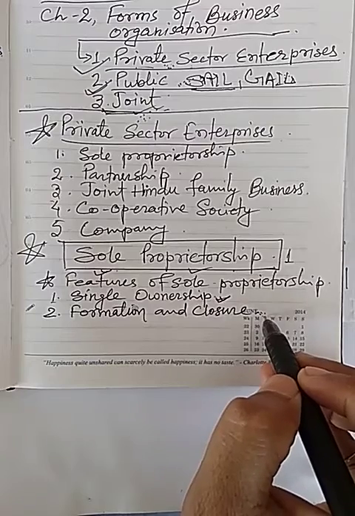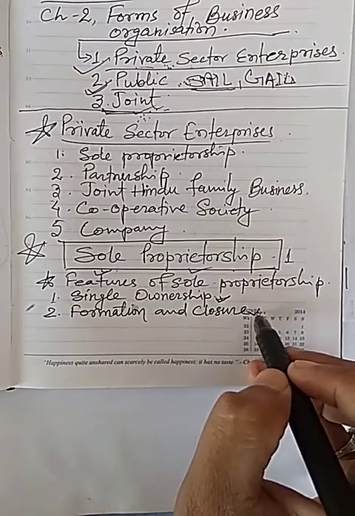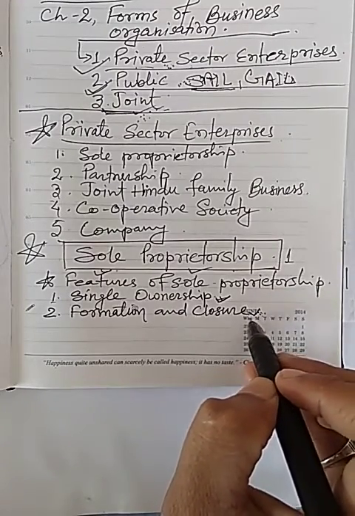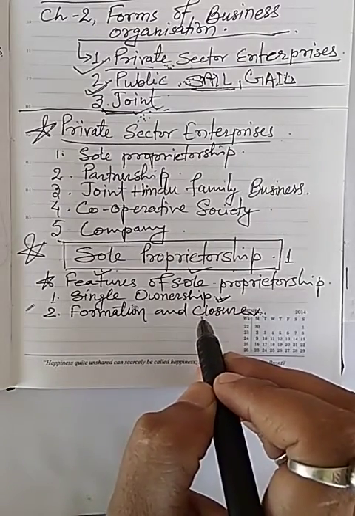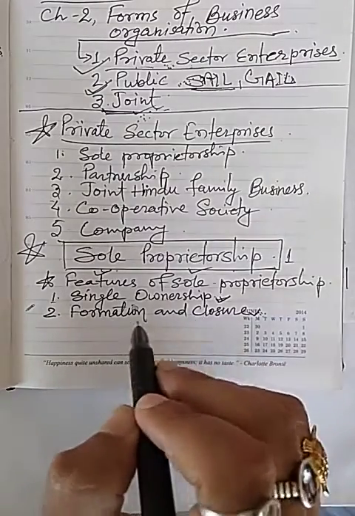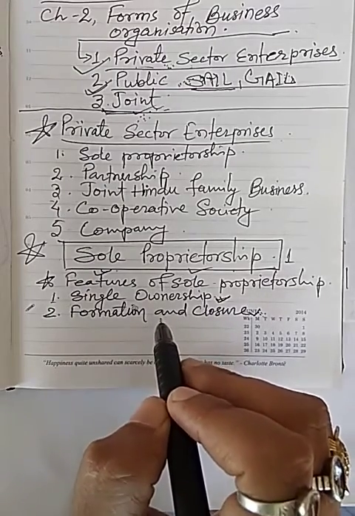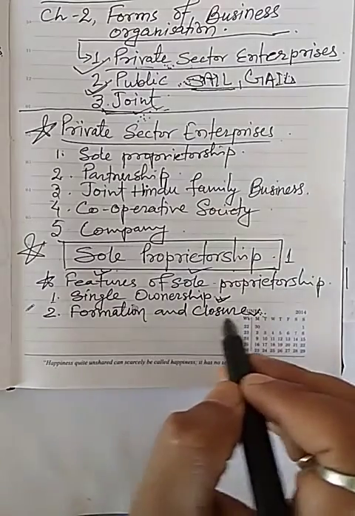There is no separate law governing this form of business. Only in some cases a license might be required, but otherwise forming and closing a sole proprietor business is very simple.